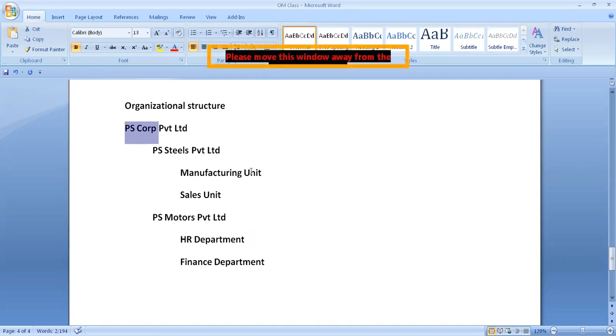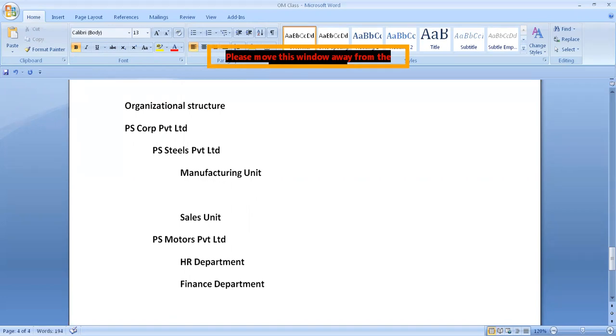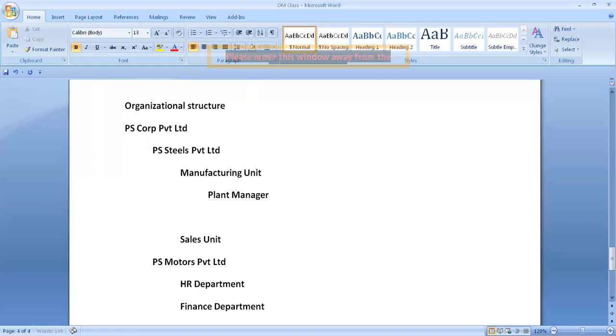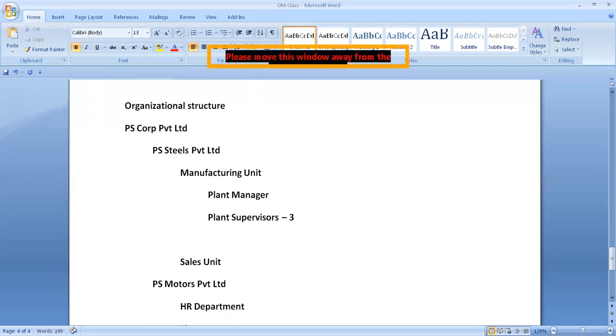Further, you can drill down under the manufacturing unit. You can have positions like plant manager. There may be some plant supervisors, three or four supervisors.